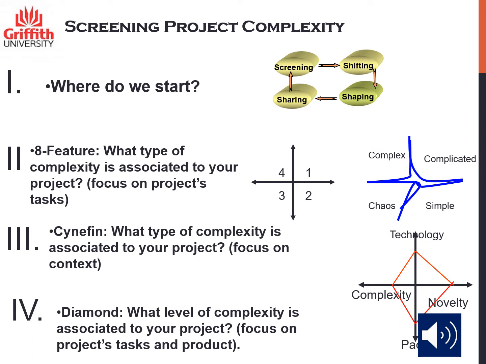So the kinetic model really is suitable for projects in which contexts are shifting. And now we will present the diamond model that is a bit more specific because it looks at complexity related to both the project and the product.